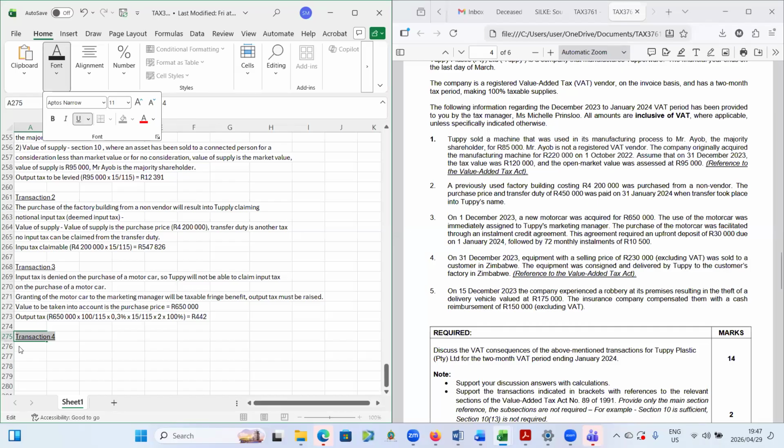What are the VAT implications? It's an export. Then they are charged zero. Selling of the equipment to Zimbabwe is an export transaction, isn't it?